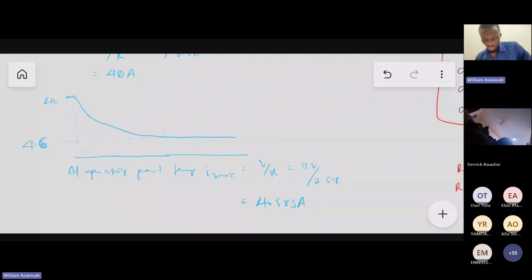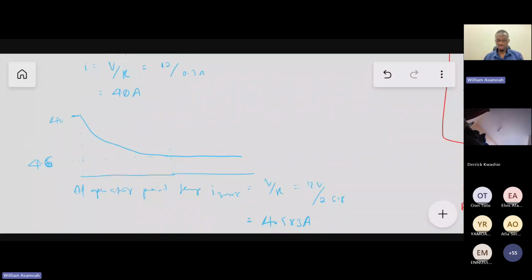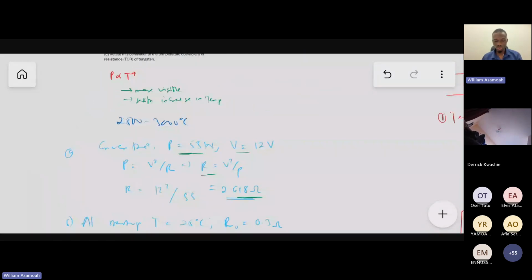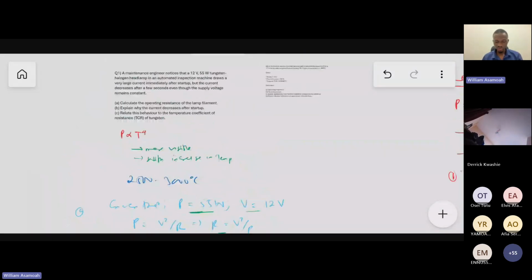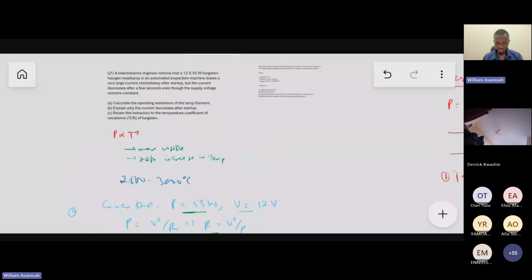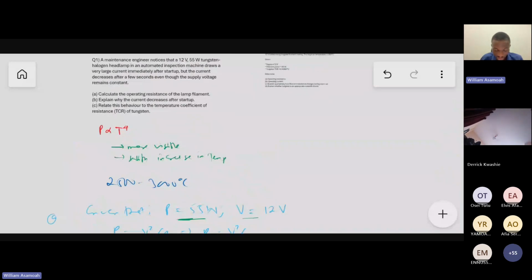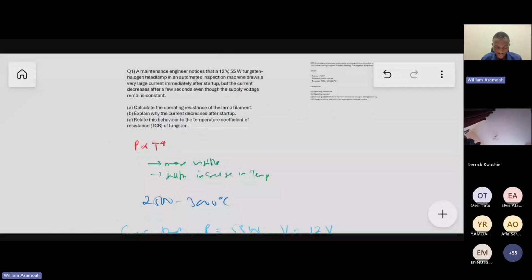Yes. So in calculating the resistance for the 3000, we said that the halogen bulb operates at 55 watts and 12 volts electricity. And then there was a fault, and one guy was trying to inspect the fault to see what causes it.